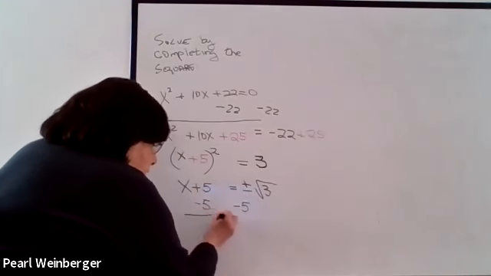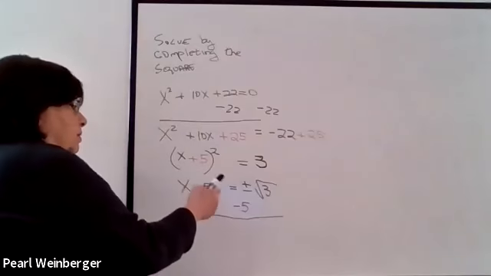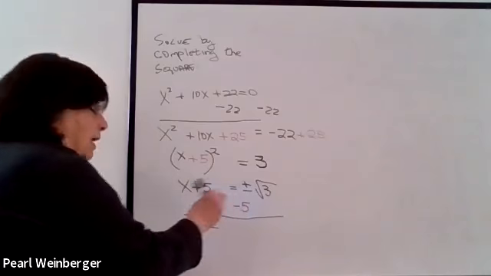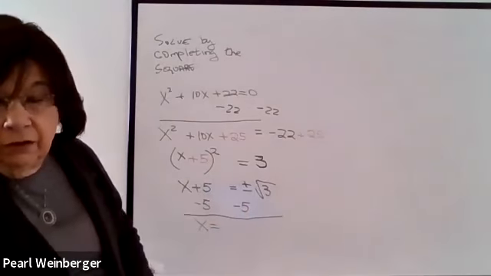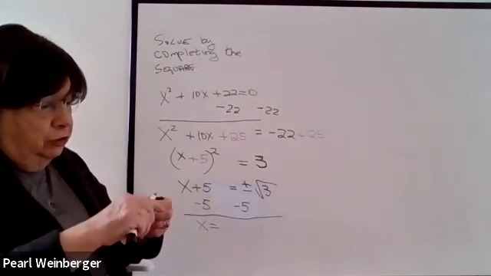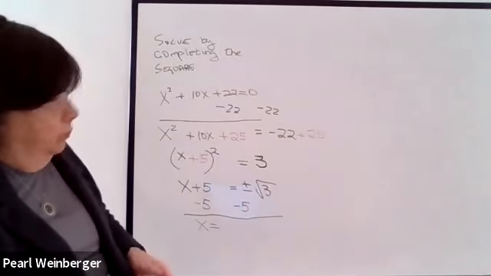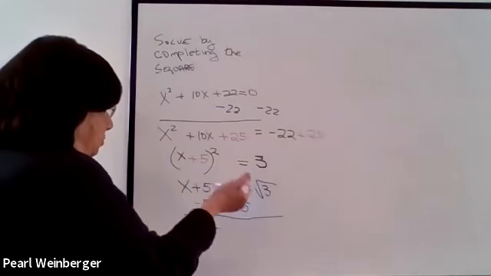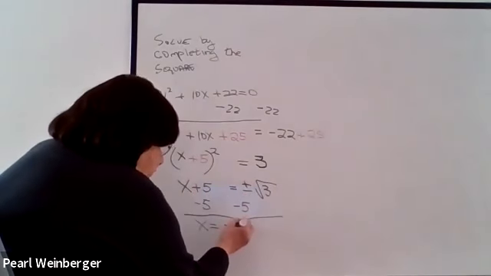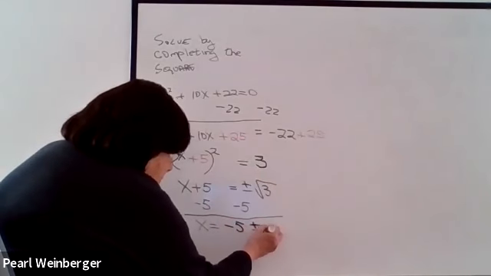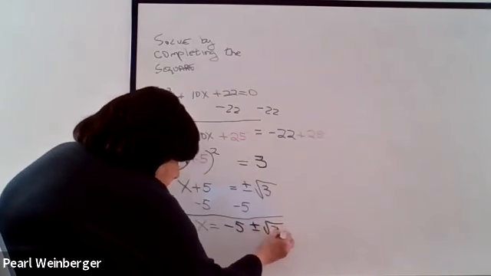I always put the number that I'm bringing over as the first term. So this will give me negative 5 plus or minus square root of 3.